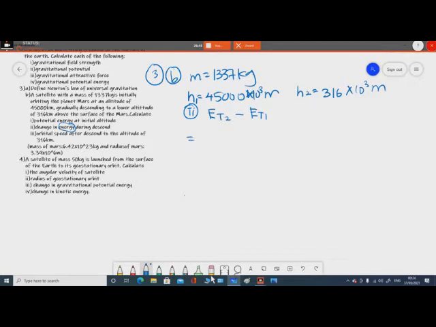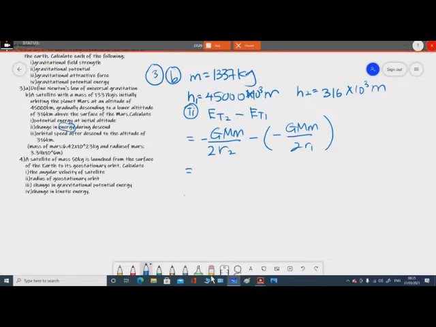So negative GMm over R2. Oh, sorry, this one is 2R2 for the total energy. So subtract by negative GMm over 2R1, which is the total energy for the initial location of the satellite. So this one is factorized here. Oops, I should simplify the negative part first.